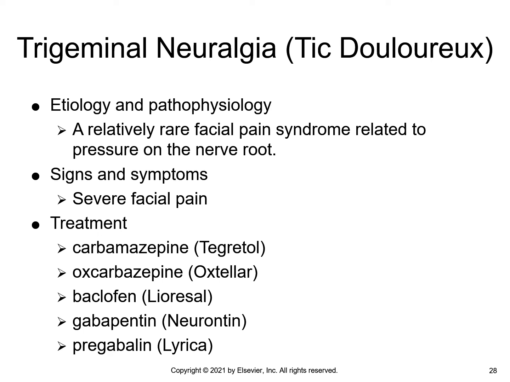The attacks are usually triggered by exposure to a draft, light touch or vibration, drinking cold or very hot liquids, chewing, brushing the hair, shaving, or washing the face. Trigeminal neuralgia involves one or more branches of the fifth cranial nerve, or the trigeminal nerve.